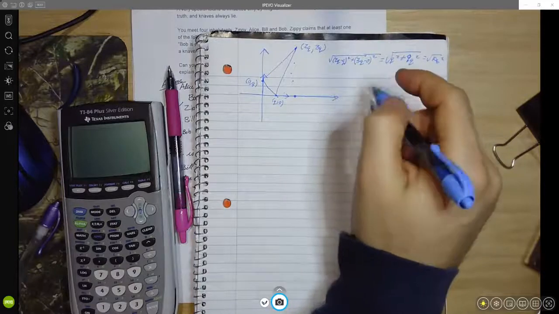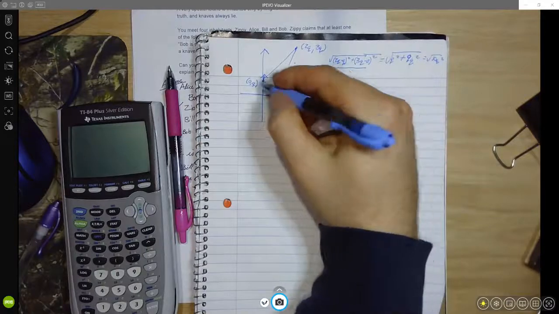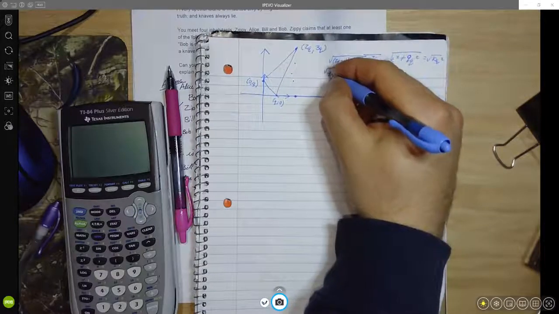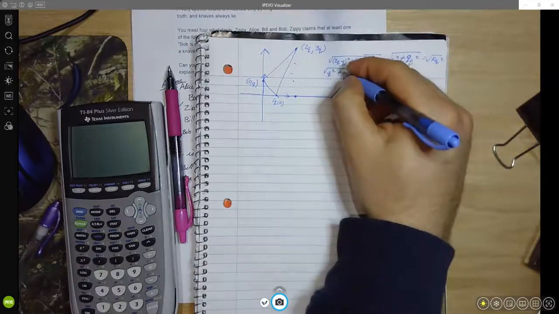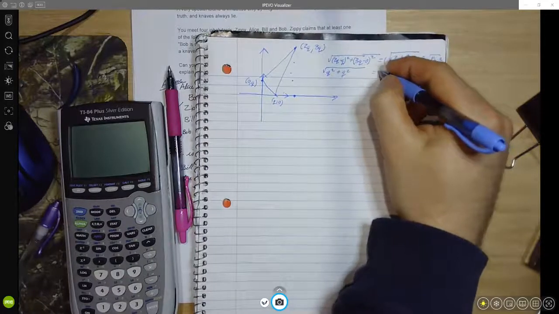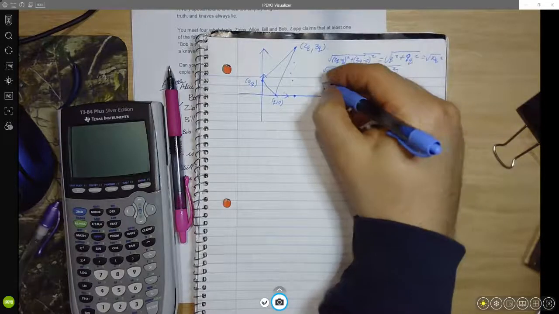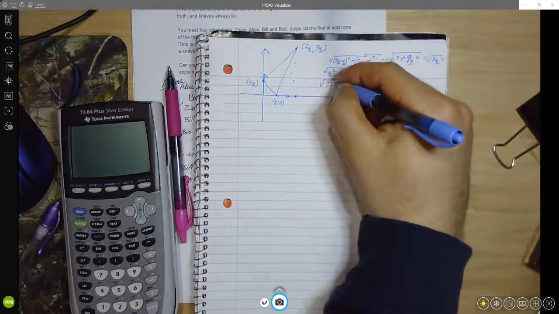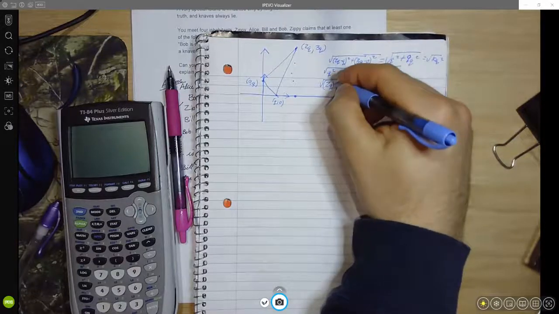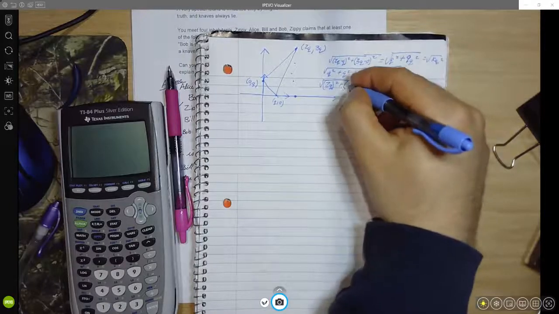So I guess let's follow through. So (q - 0) squared is q squared, and (q - 0) squared is q squared. So you get the square root of 2q squared. And then the other side is (2q - 0) squared plus (3q - q) squared, which is 2q squared again.